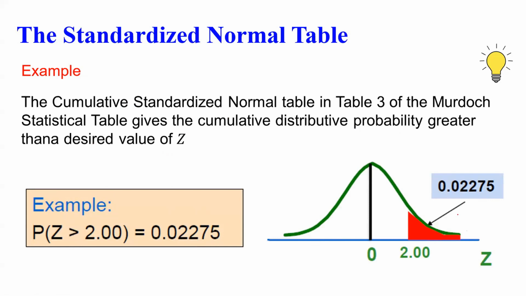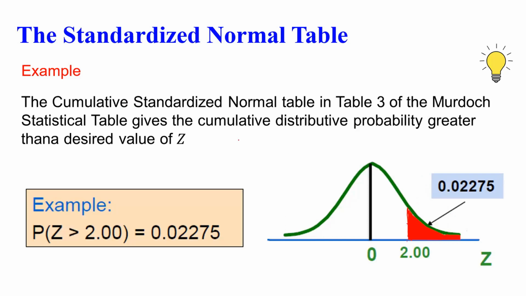Greater than 2 means, on your Z distribution, the 2 is here. Since it's greater than 2, you need to take all these regions. The shaded region is a value you can easily calculate using the standard normal distribution table.